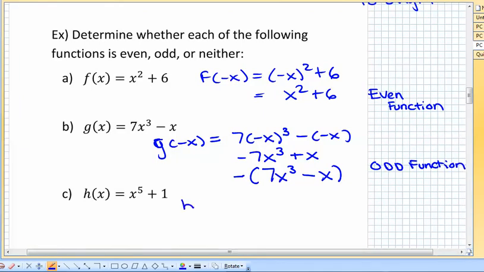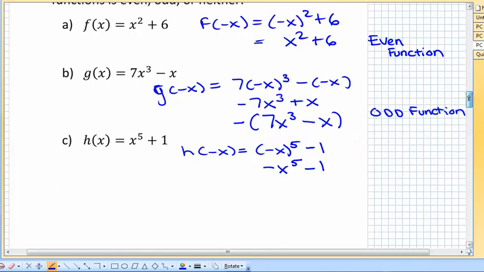And then here, if I put a negative x in, negative x to the fifth gives me negative x to the fifth minus 1. If it doesn't give you the same thing, take out a negative to see if it's odd. If I take out a negative here, I get x to the fifth plus 1.